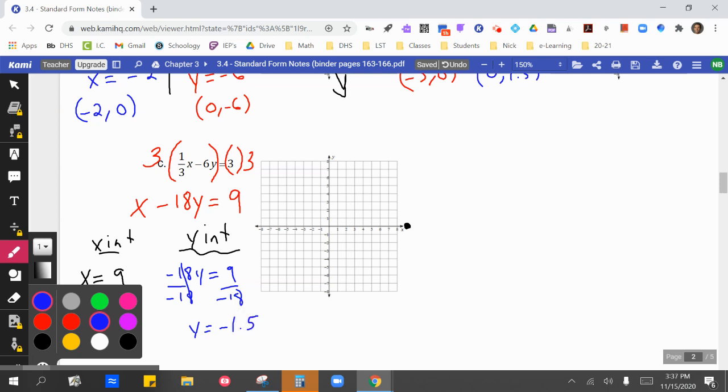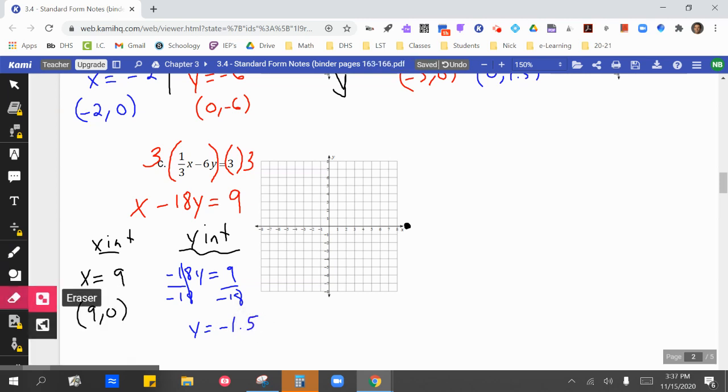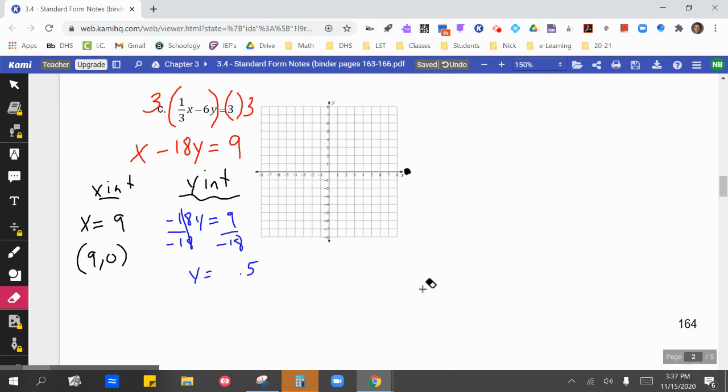Excuse me, not negative 1.5, negative 0.5. And again, that's going to be okay. Sometimes we're going to have these 0.5s in our answers here. So that means my y-intercept is 0 comma negative 0.5.